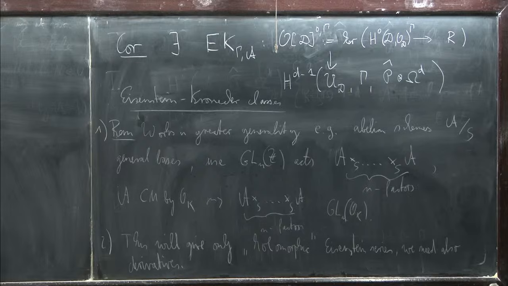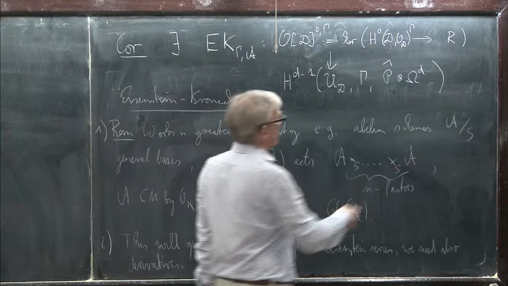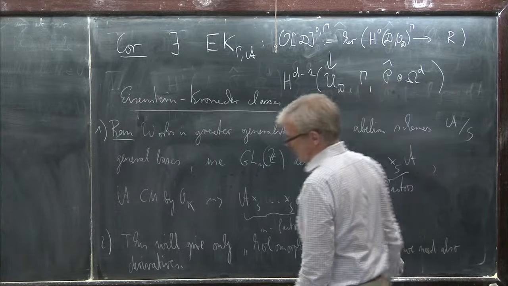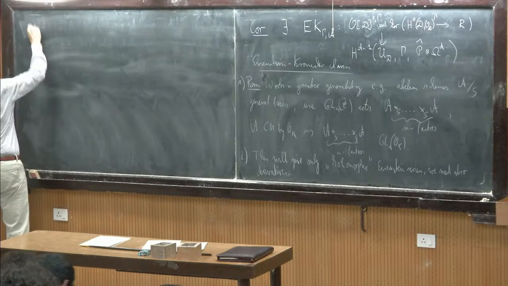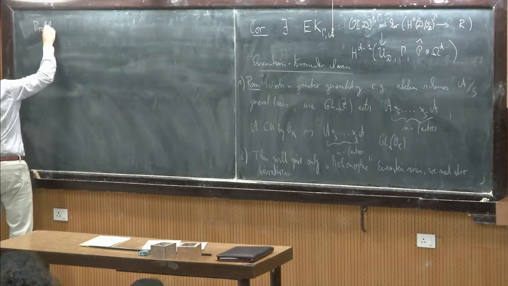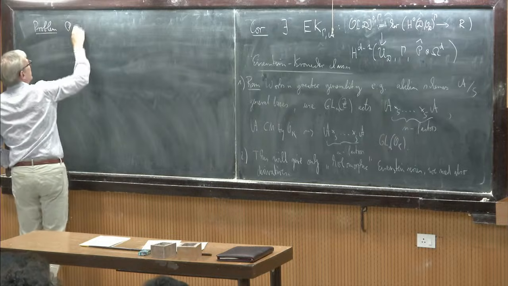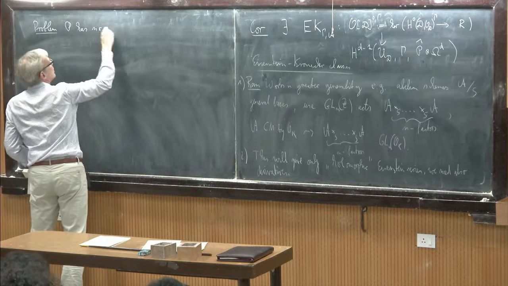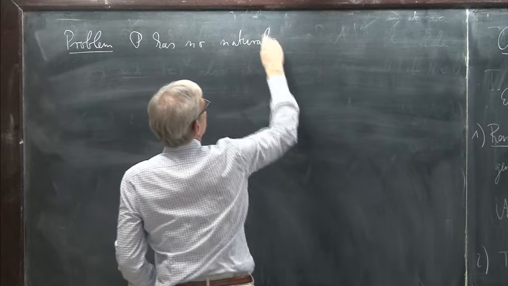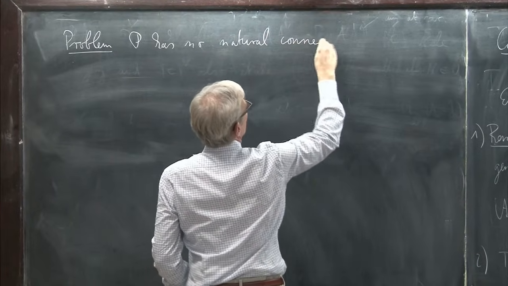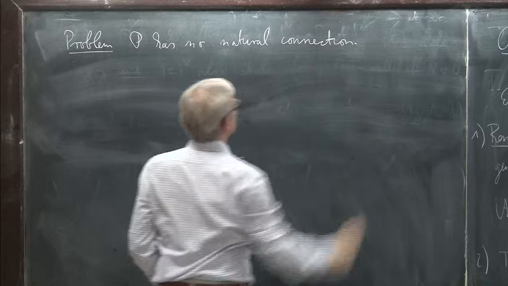But for this, I have to explain to you how we do this. And unfortunately, we need to generalize this a little bit. So the problem turns out to be that P has no natural connection on it, which we could use to derive classes.